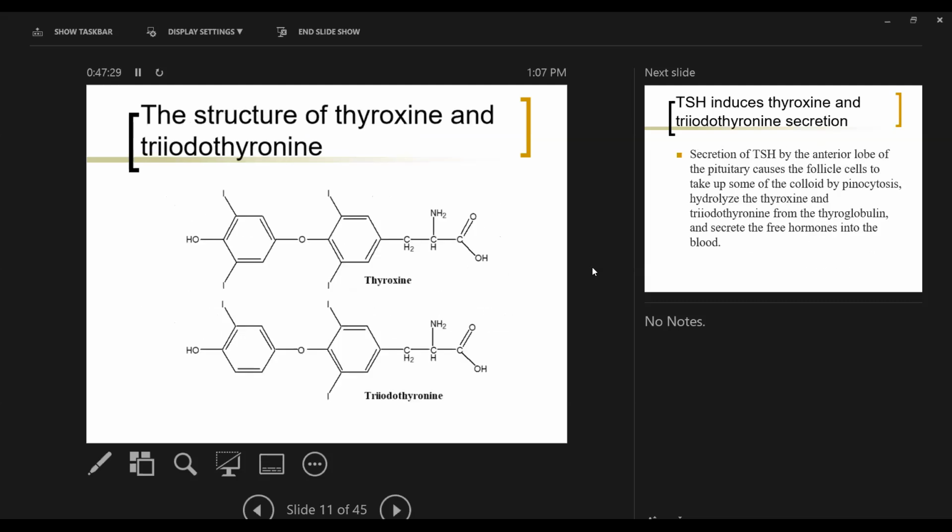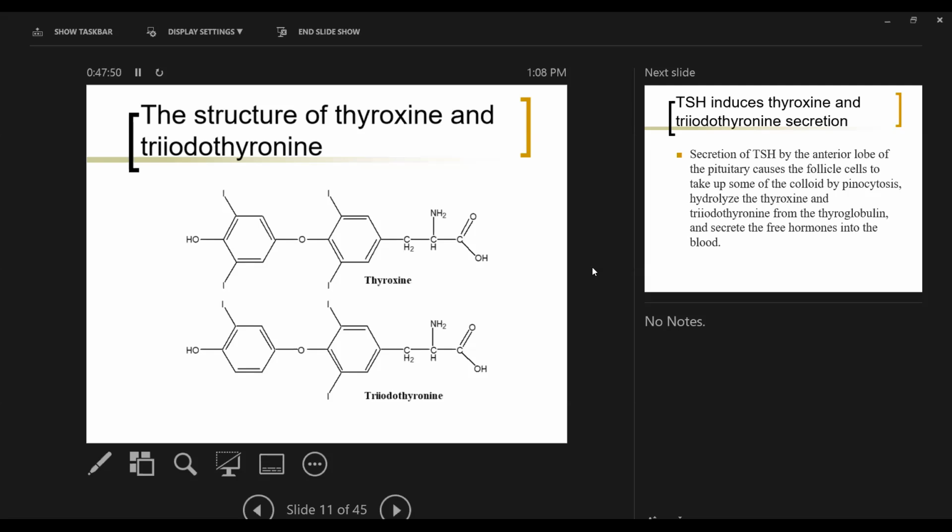And yeah, here's the structure of these. So you could see here, if you put your biochemistry glasses on, that looks like tyrosine. And this is tyrosine essentially without all this, but it's linked to the alcohol group found in the tyrosine.